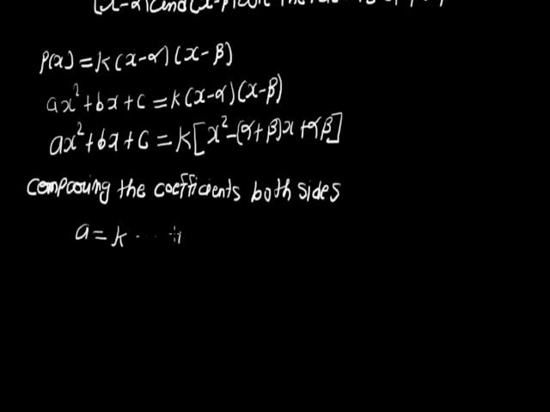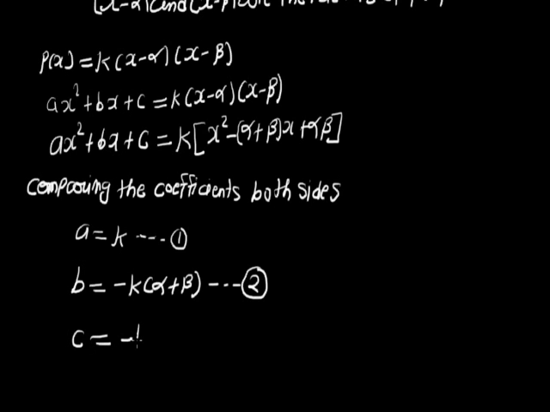That is our first equation. Now if we compare the coefficient of x, the value of b comes out to be minus k times alpha plus beta. That is the second equation. And the value of c comes out to be k times alpha into beta. That is our third equation.